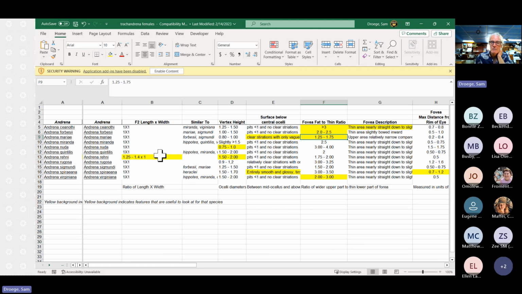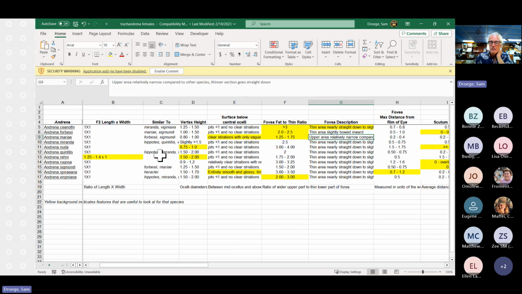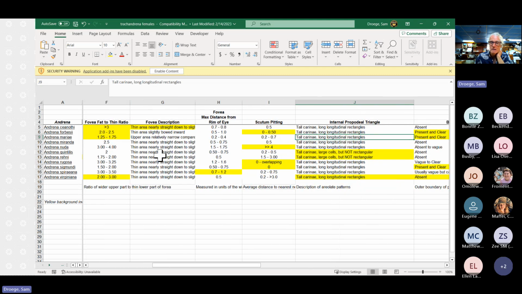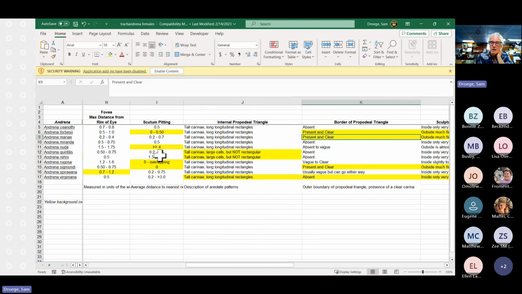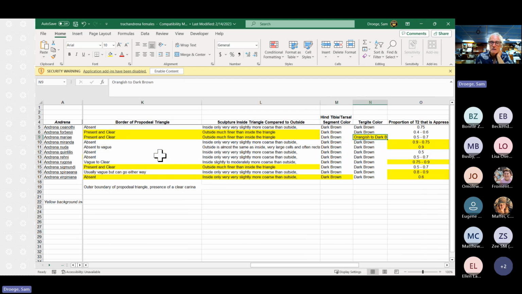We're at a ratio that's slightly different, but not a whole lot. Slightly bent outward, relatively narrow compared to other species. The intersection goes straight down. So again, I think we can eliminate Maria already. I'm not quite sure why I said it was that close, but it is apparently a little bit close.